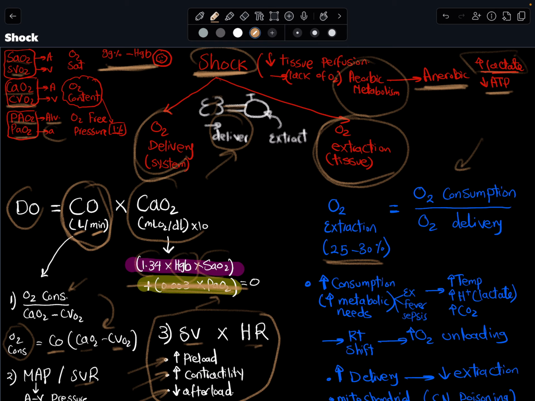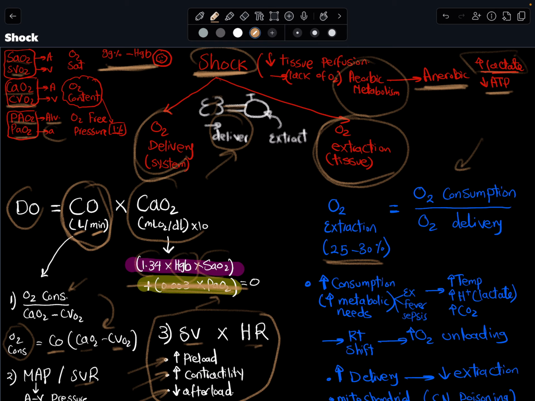And the mechanism is that all these different factors can increase the temperature, can increase the hydrogen ion, which can be in the form of lactate, and this also will increase carbon dioxide. So if you remember physiology and the oxygen dissociation curve, all these different factors do a right shift of the oxygen curve, so it increases the oxygen unloading to give more oxygen to the tissue.